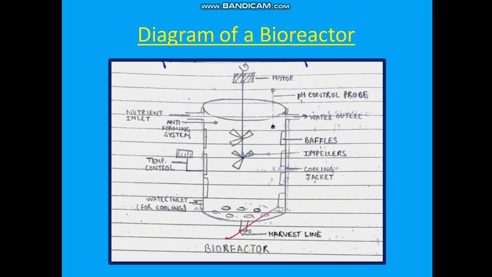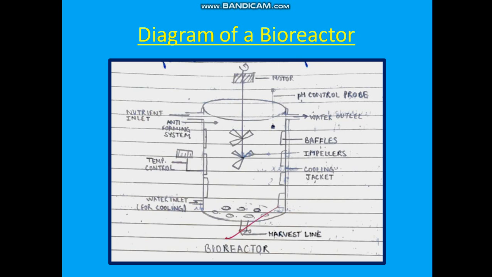Then you can see here a pH control system also. The pH control system checks whether the microorganism growth inside is causing any change in the pH. If there is a change in the pH, this pH control probe gives out acid or base to neutralize the pH, or to just maintain a particular pH, whether acidic or basic, which is required for the growth of the particular microorganism.